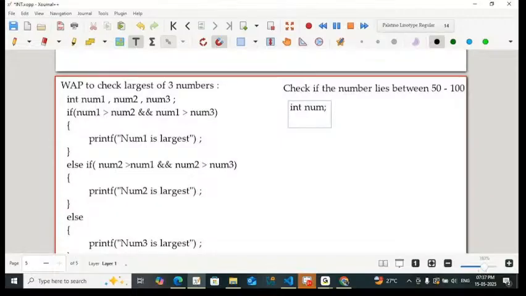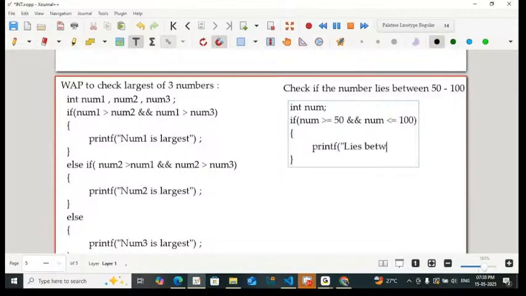Just if the number is greater than 50 doesn't mean it is lying in the range. Yes, I have to check if your number is greater than 50. In fact, if you want to include 50 also, you can write greater than or equal to. And you also have to check number is less than or equal to 100. So only then you can add a printf saying number lies between 50 to 100.